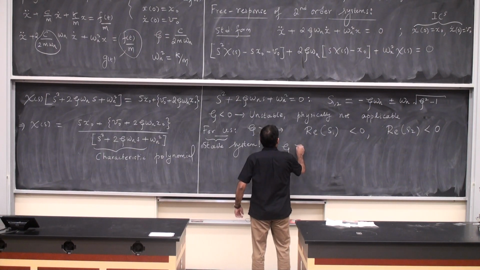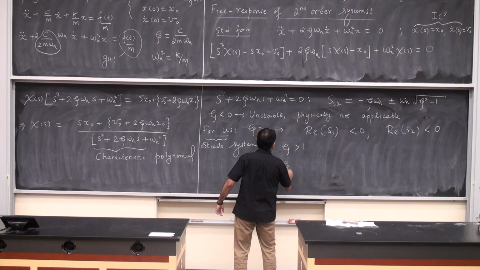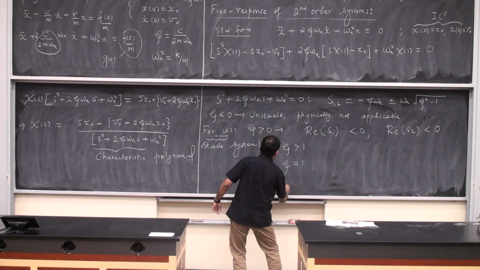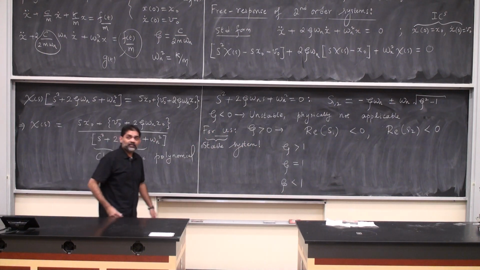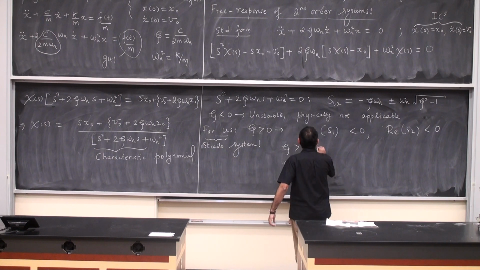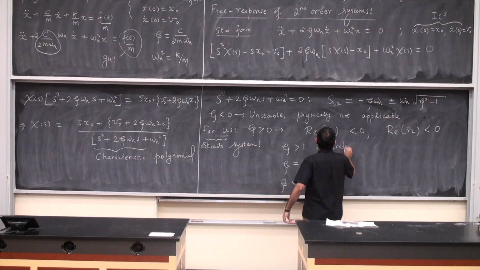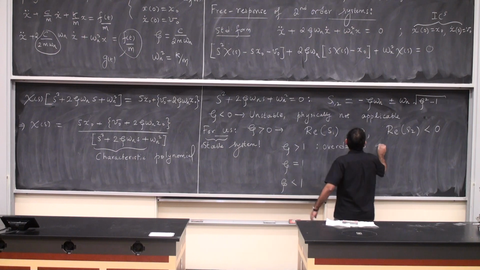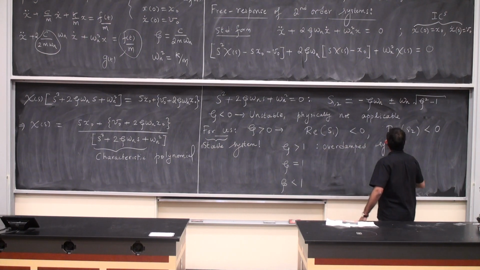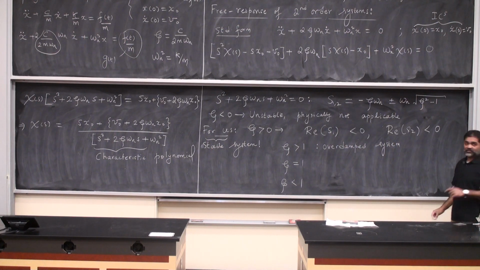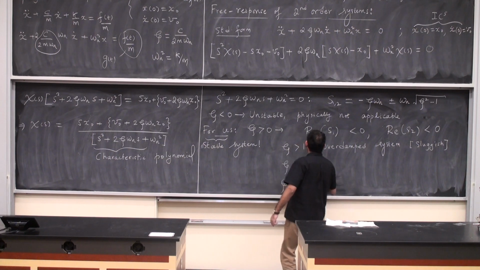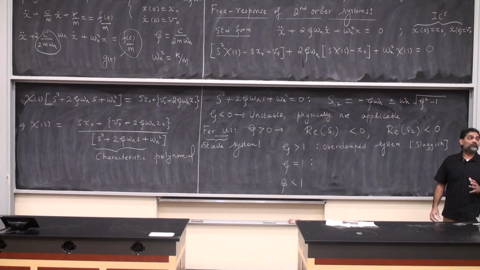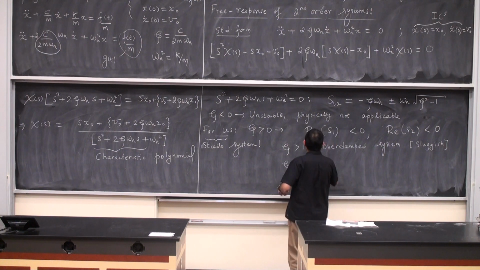Zeta greater than 1, equal to 1, less than 1. The first case is called the overdamped case, and you'll see why it is called that. Overdamped system: the behavior of the system is very sluggish. Then you have systems where zeta is 1, and if zeta is 1, it's called a critically damped system, as many of you know.